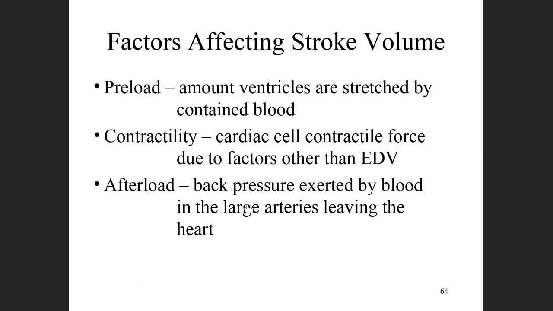All right. Now, here are three important factors that regulate the stroke volume. Remember, stroke volume is the volume of blood that leaves the heart. We've talked already about contractility. Contractility is the strength of the contraction. If you increase contractility, the stroke volume will increase.